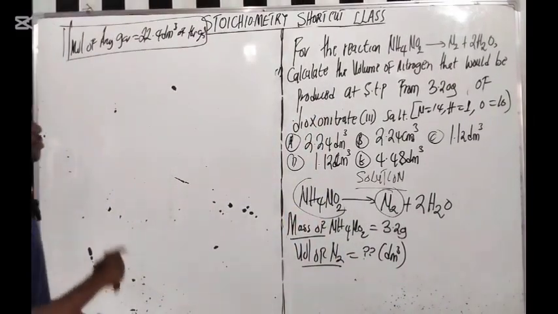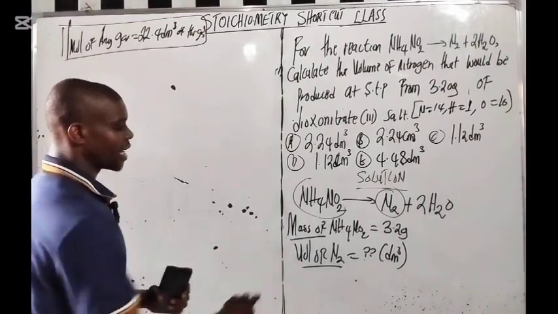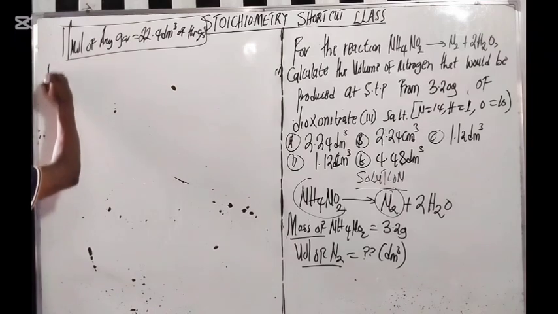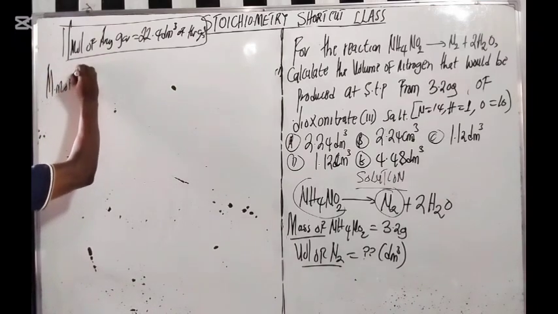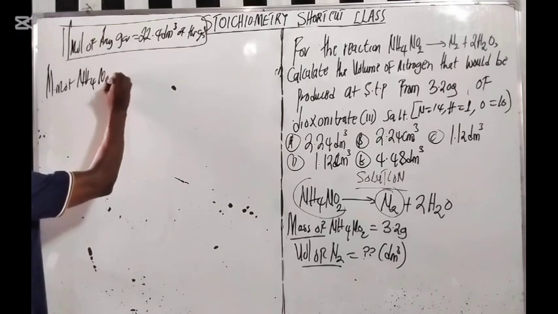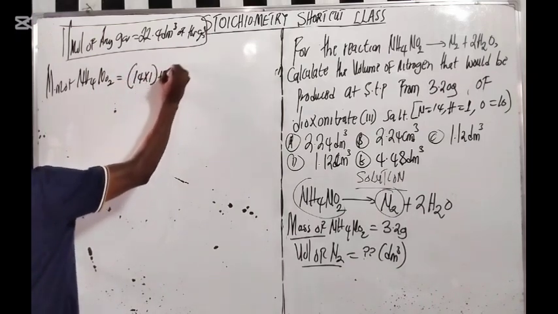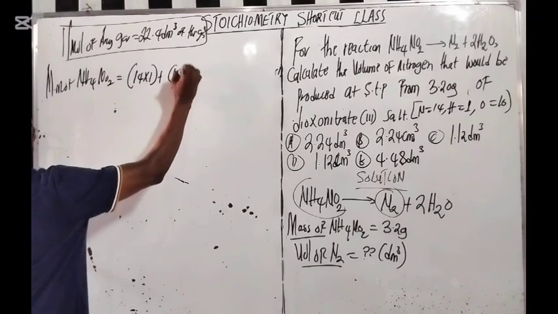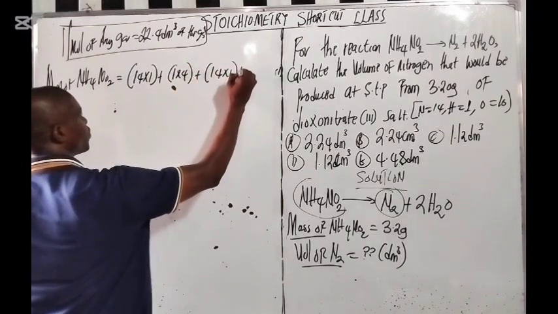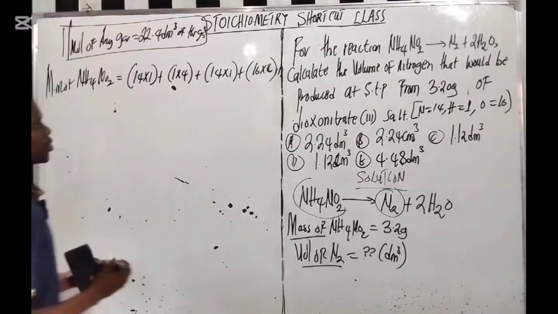Hope you understand. The next thing we want to do, please pay close attention, is to calculate the molar mass of this compound. Molar mass of NH4NO2 is 14 times 1, plus 1 times 4, plus 14 times 1, plus 16 times 2.